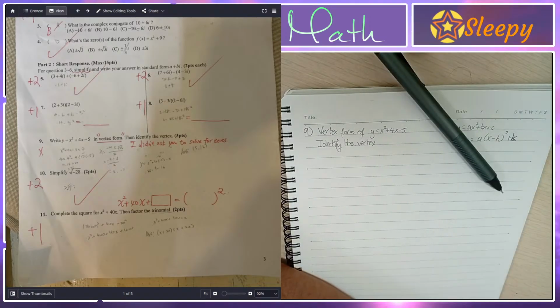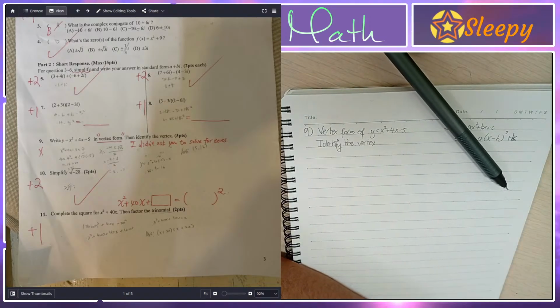What is a vertex? Completing the square. I know. So 10 and 9 and 11 are a bit complicated.